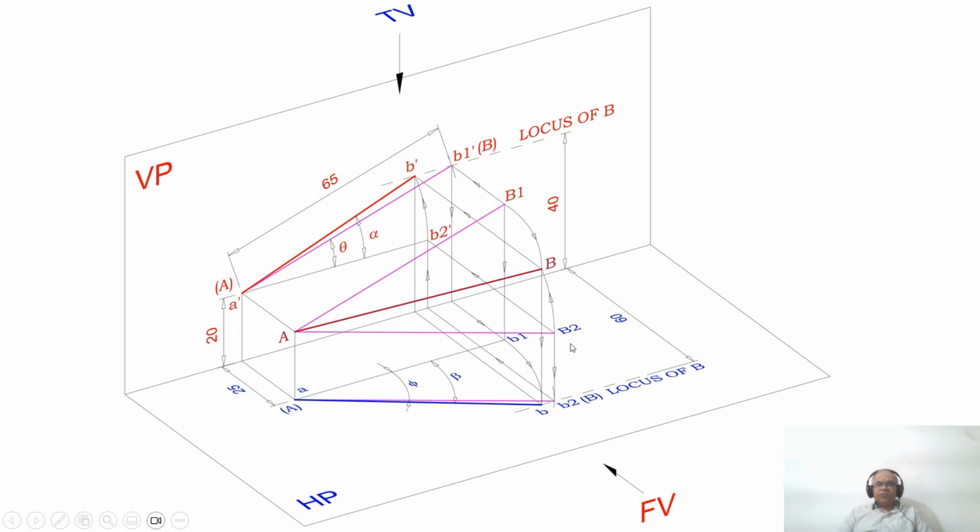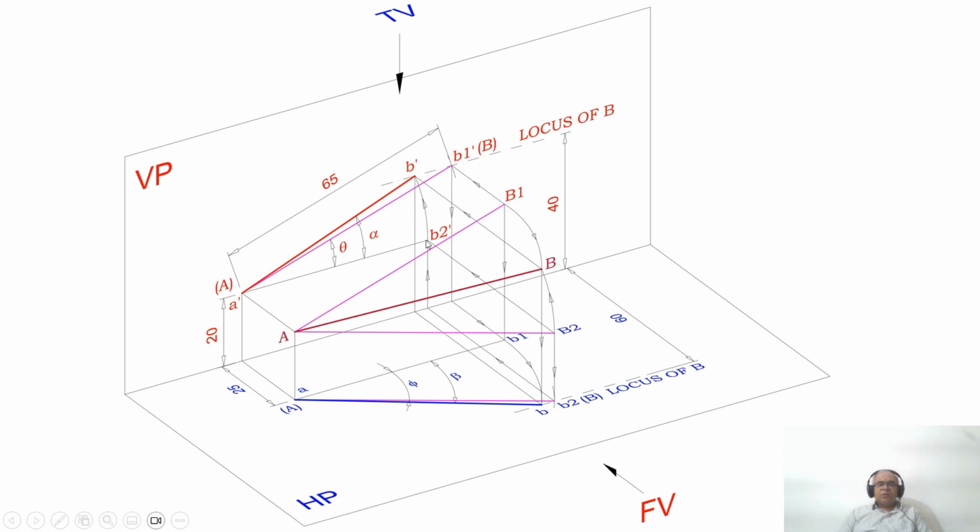Now what I am trying to do is rotate this B2 dash, which is here, so that it comes to the locus of B in the front view. What is the locus of B in the front view? The locus of B in the front view is 40 mm. So instead of B being above HP by 20 mm, it should become B above HP by 40 mm, such that the length of this line, that is A dash B2 dash, should not alter.